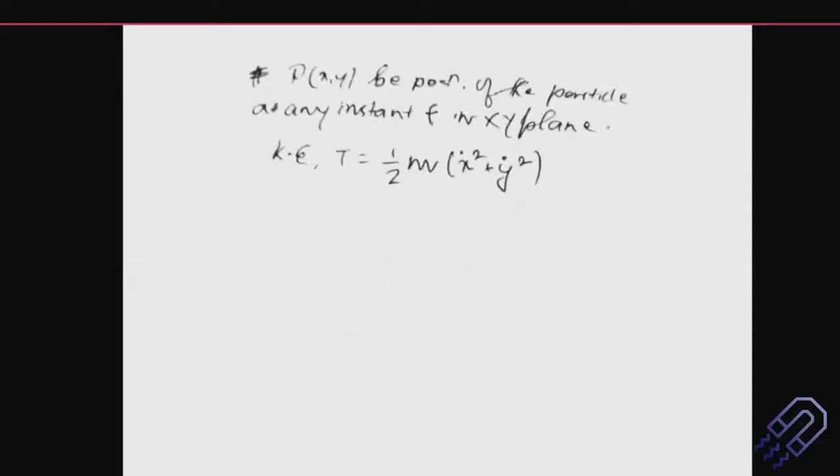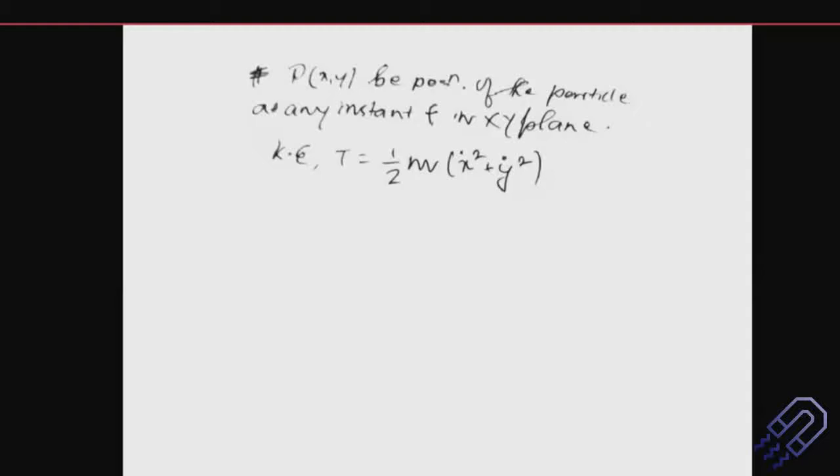And then we can say the kinetic energy. Till now, whatever we have done, we talked about the compound pendulum, where there was only one coordinate, theta dot. But here, we are considering the xy plane, and the kinetic energy is half m (x dot square plus y dot square). So you have to consider x and y as the generalized coordinates.